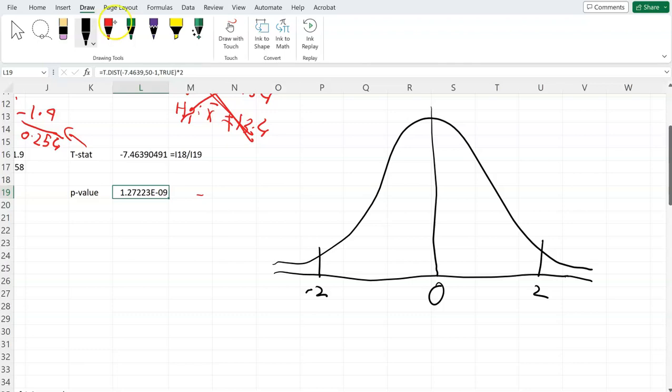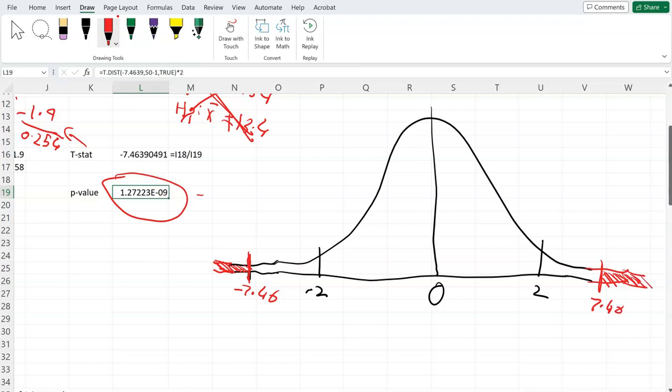And I found that my t-value is way out here, at -7.46. What this p-value is saying is that this is the probability that I am to the left of this value, and the reason we multiply it is because it's a two-tailed test, so it could also be on this side.